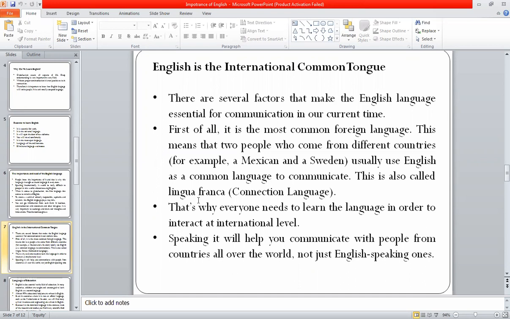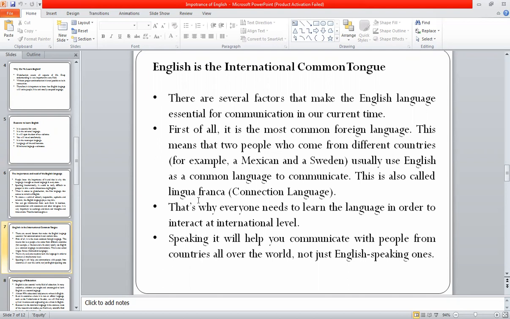Take for example, there are few speakers of the French language, or only a few speakers of Italian, or Spanish, or other European languages.